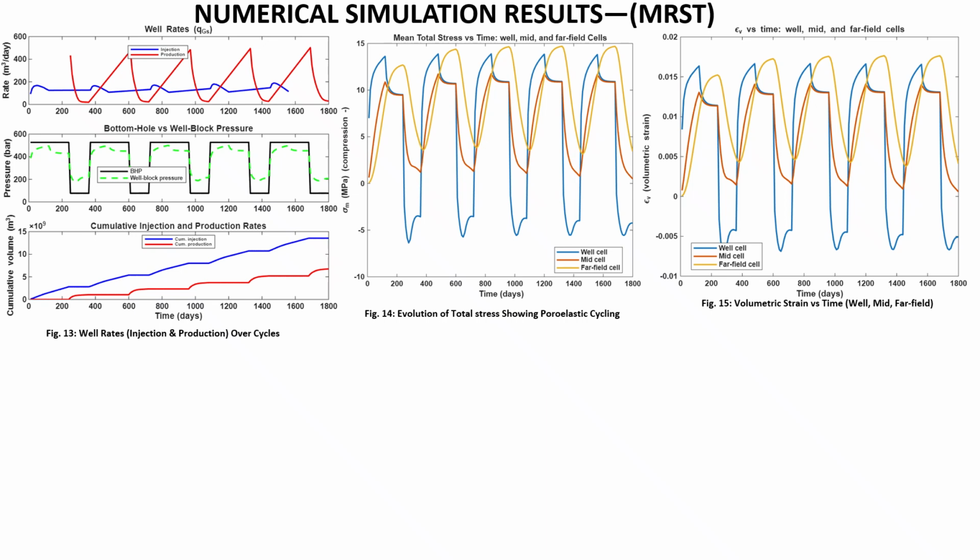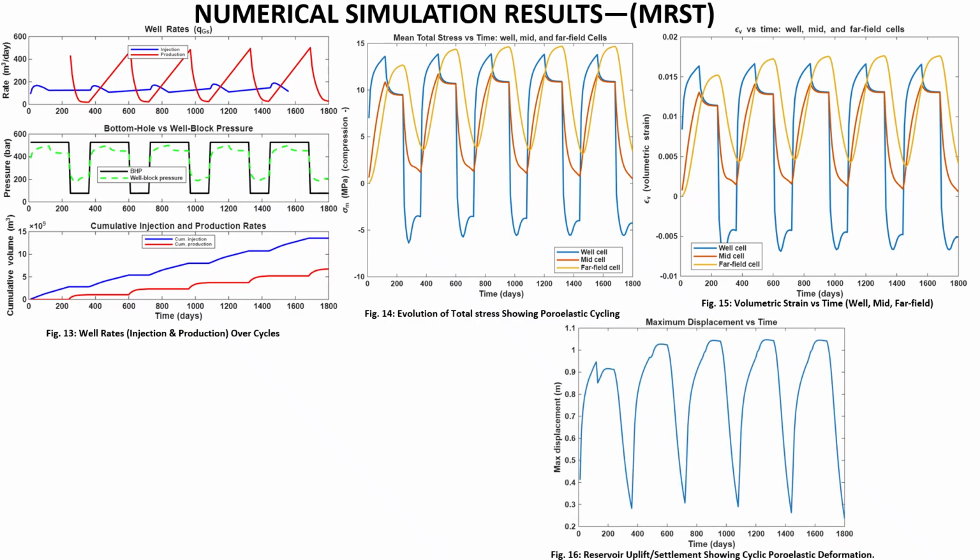For the mid cell in orange, we see a moderate dilation and compaction, but smoother behavior, while in the far field cell, we see a smaller amplitude, but again we see the same slight upward drift caused by poroelastic memory and pressure diffusion.